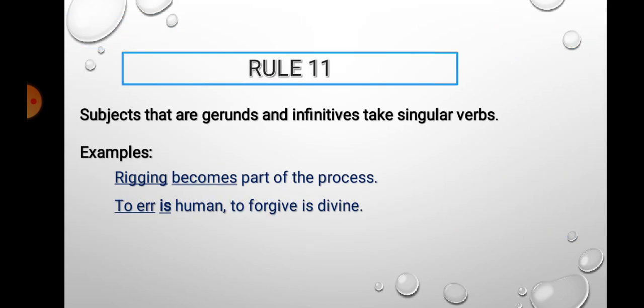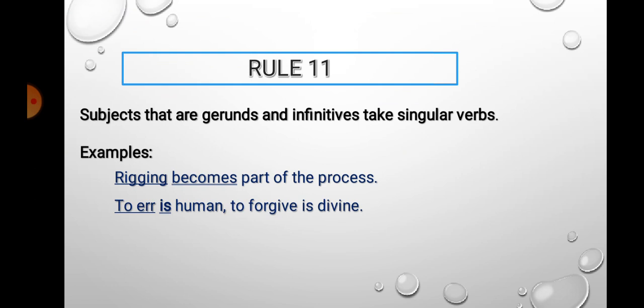Rule 11 says subjects that are gerunds and infinitives take singular verbs. Gerunds are nouns that are formed from verbs by adding the ing suffix to them. Rig becomes rigging. Sleep becomes sleeping. Read becomes reading. All of these are gerunds.